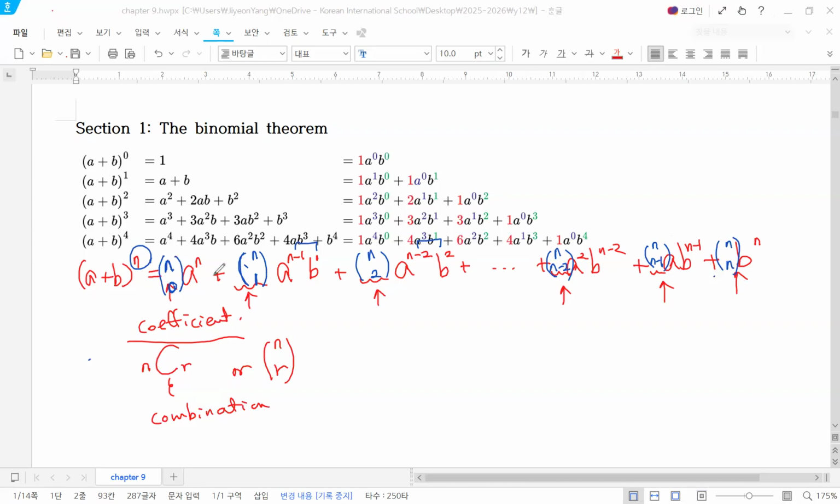So when we write down nCr, n is the index, n is the bracket number. It means that there are n brackets, right? n brackets. r means the index of b.